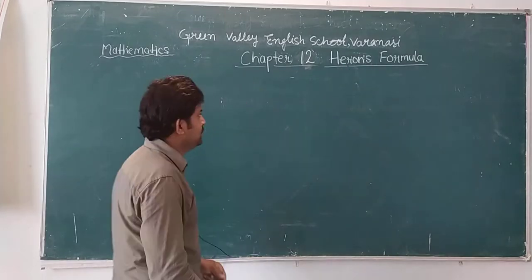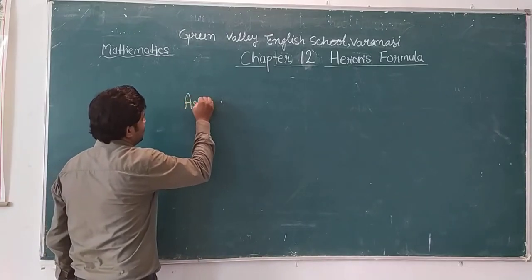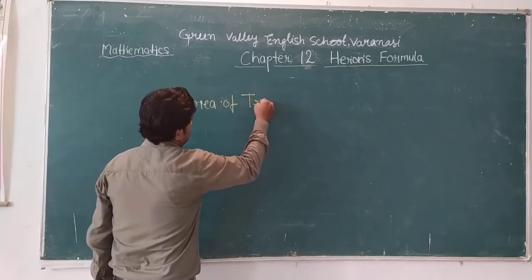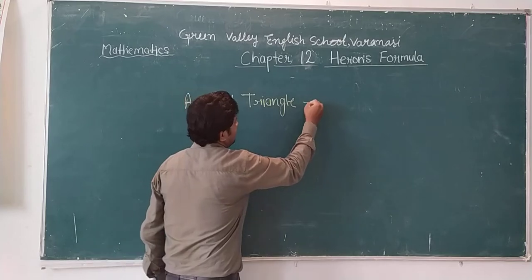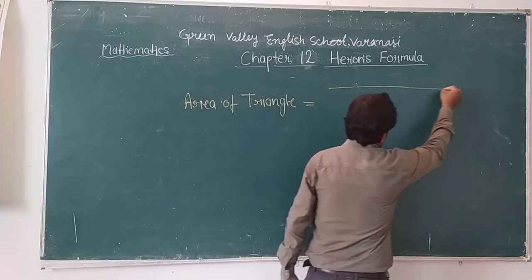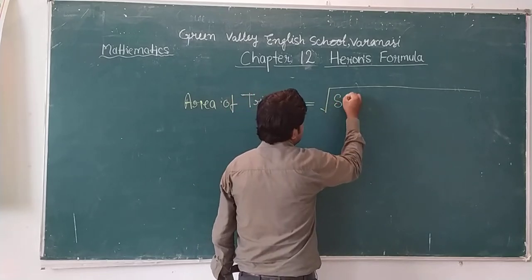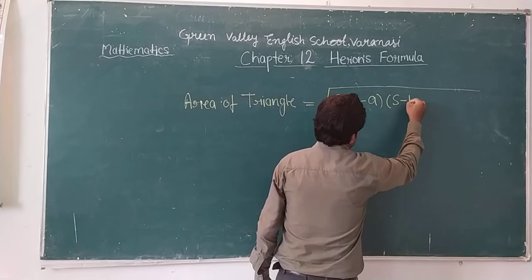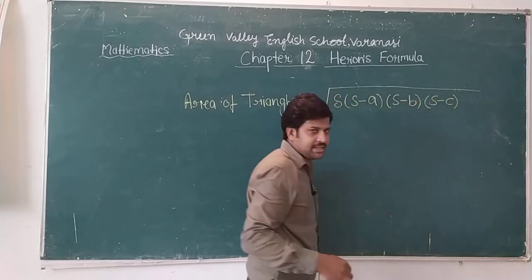And according to Heron's formula, area of triangle is equal to root over s into s minus a into s minus b into s minus c.